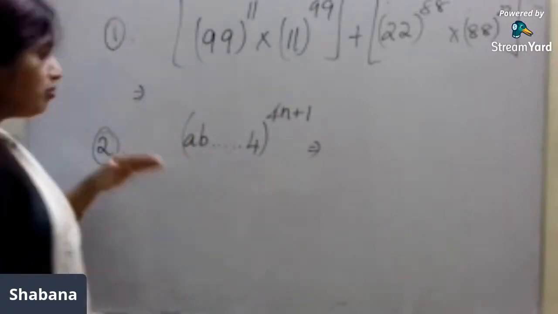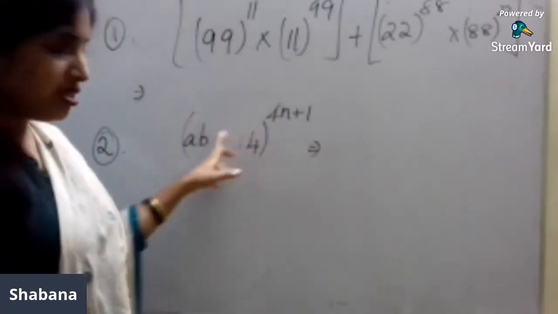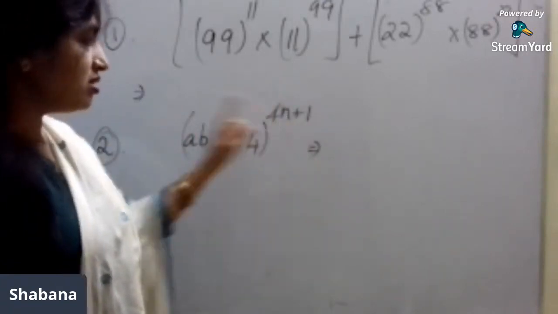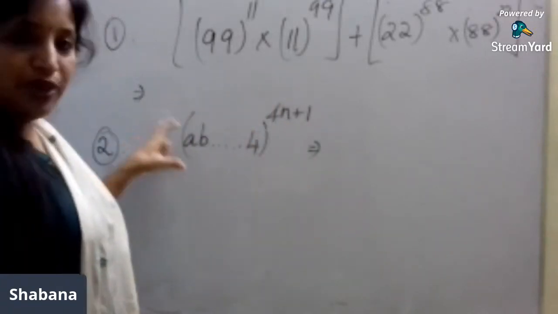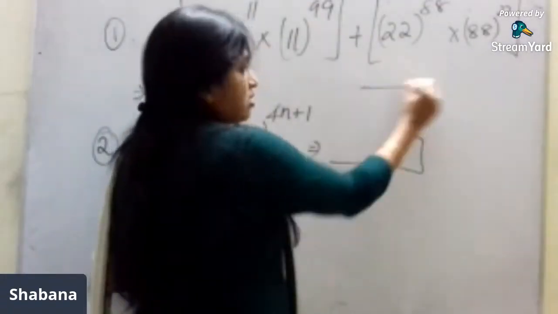Okay, the next problem is this. There is some number where the number is this and your value of n is this. I want you all to evaluate and find the last digit of it. Even in this case, just the last digit.